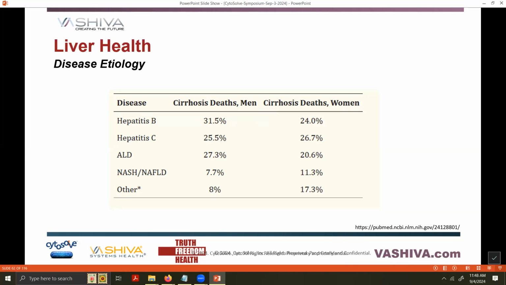Hepatitis C actually affects women more. They're almost the same, but women suffer deaths from cirrhosis from hepatitis C a little bit more. ALD, men. NASH, you can see it's almost double, and NAFLD in women is almost double that. And for the other types of liver disease, again, women seem to be affected more. Okay, next.